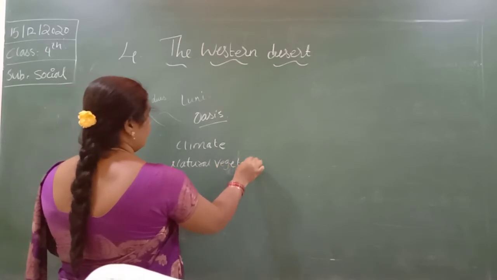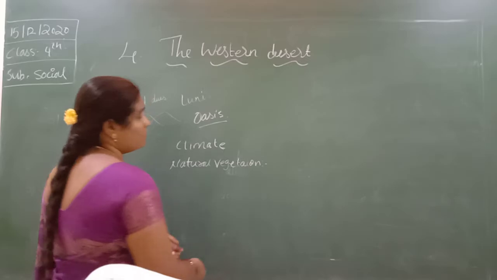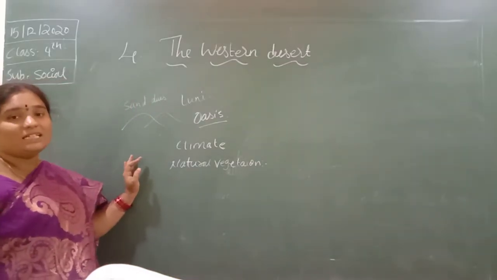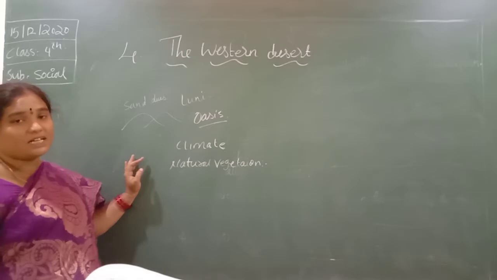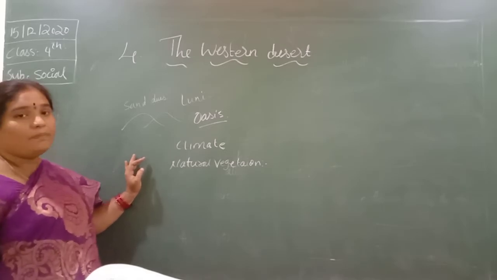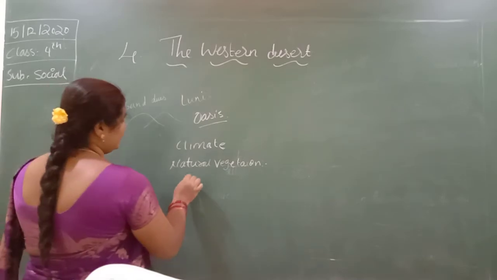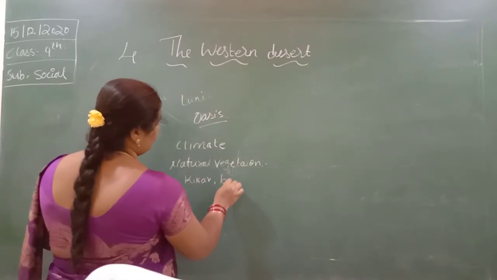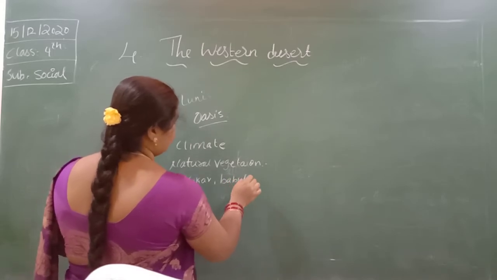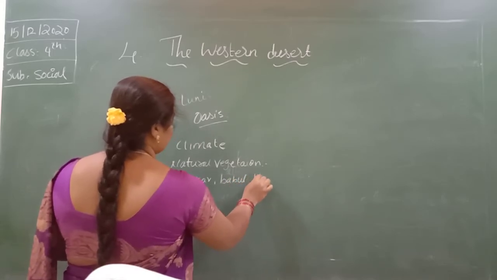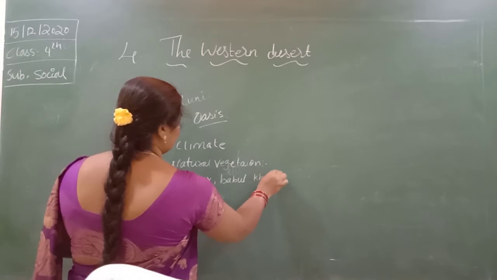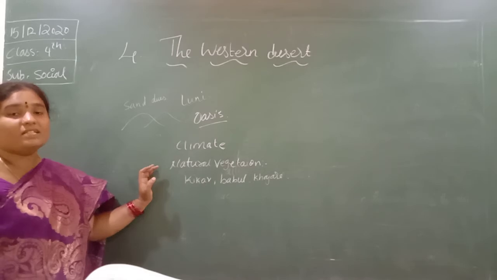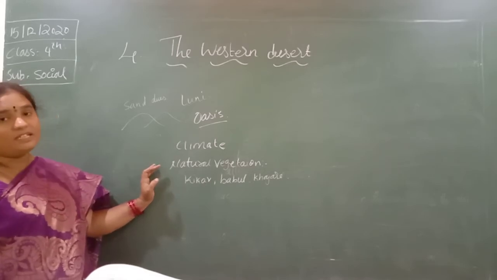Natural vegetation, what are the trees that grow? In the desert region we can find thorny bushes and shrubs. Kikar, babul, and khejri are the trees we can find. These are the thorny trees of the desert region.